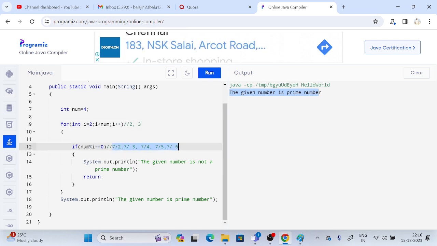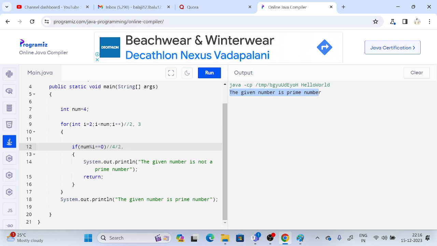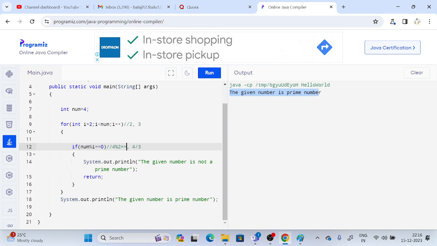And here the first condition is 4 divided by 2, right? 4 divided by 2 in the sense modular operation, 4 percentage of 2. It is going to be 0 always. The first time the condition is going to be true.